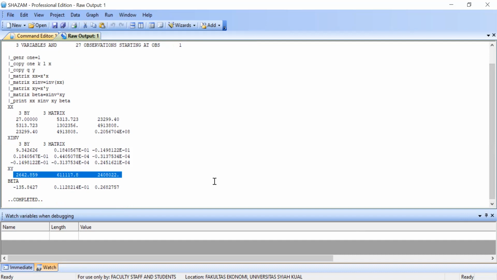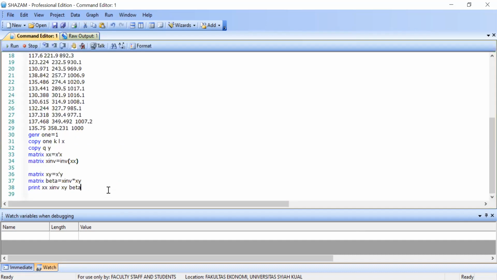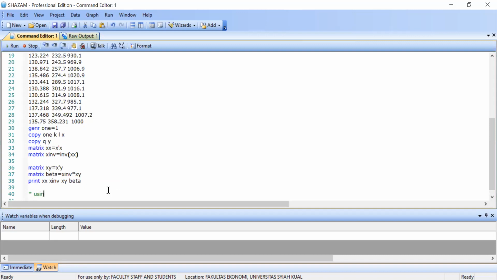Beta 2 is 0.011. And beta 3 we have 0.26 something. This is the calculation with matrix. We also can estimate directly by using the software directly.